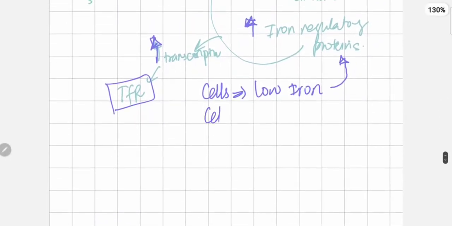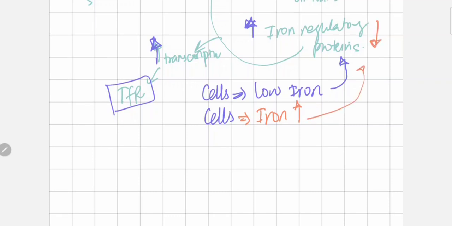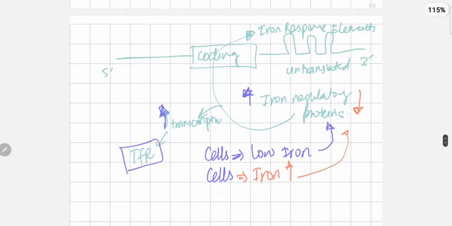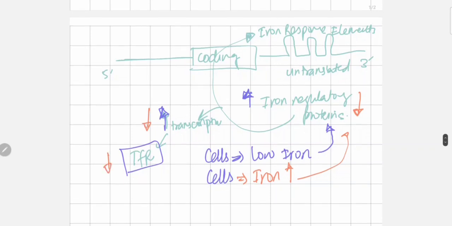But when cell iron is high, the iron regulatory proteins are going to be down regulated and will not bind to the iron response elements, and TFR made will be less.